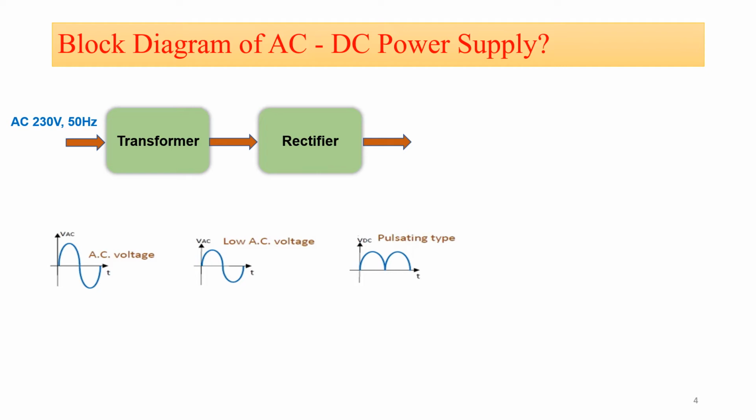That is, first one is the high efficiency, then second one is the low ripple factor, then third one is the low peak inverse voltage. Now due to these parameters, we always prefer to use our bridge rectifier circuit for our power supply design. Now if you observe the third waveform, it indicates the output of your rectifier.